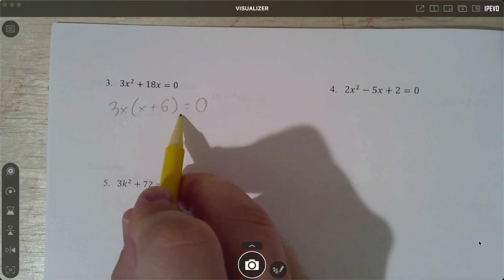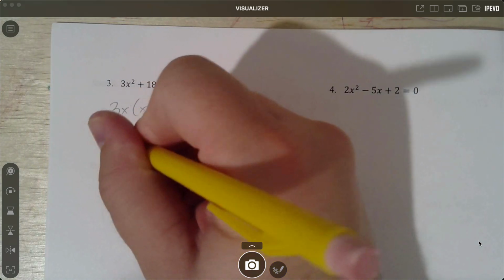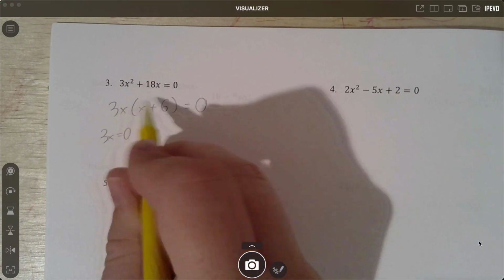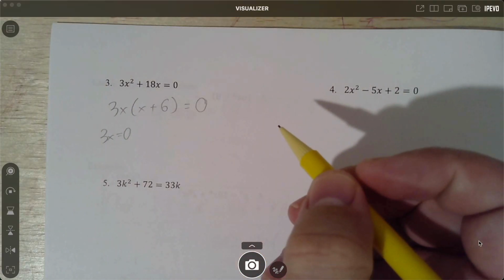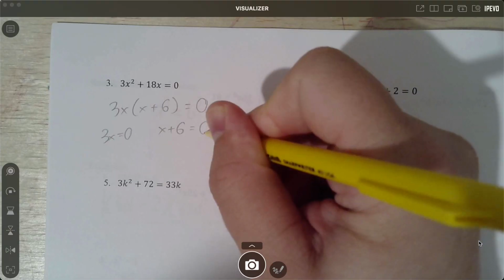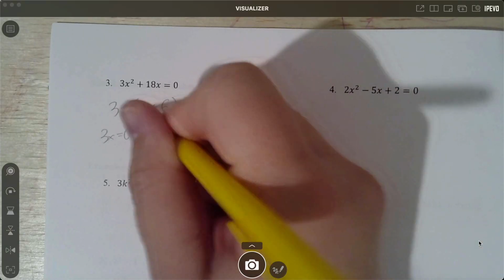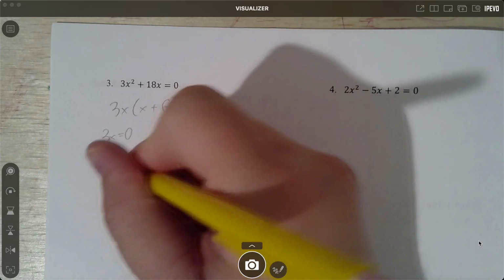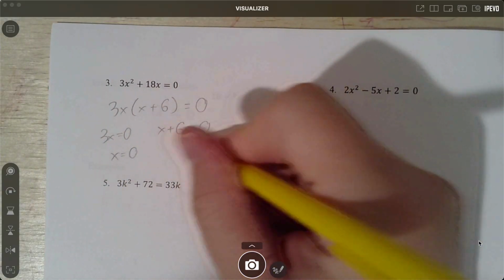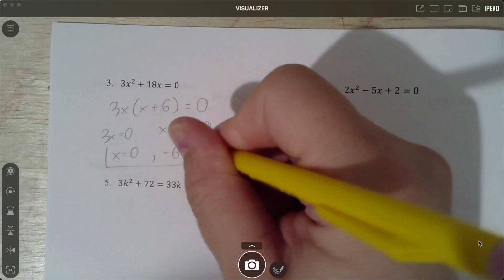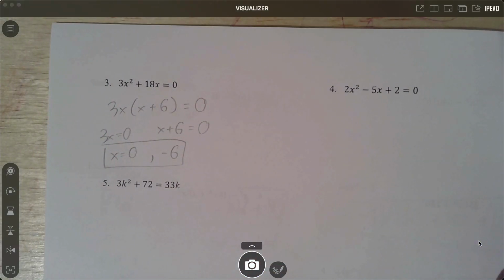Now that I've factored, I'm asking what makes 3x equal 0? Because if this first thing equals 0, it will distribute and cause the whole other side to be 0. What makes x plus 6 equal 0? Because if that equals 0, this 0 will distribute to whatever this is and get me 0. Now if I divide by 3, I get 0 itself. If I subtract the 6, I get negative 6. So those are my two answers.